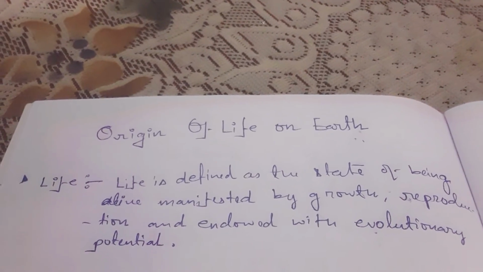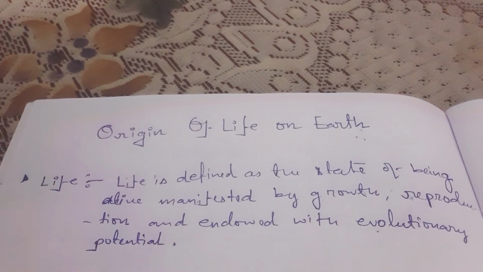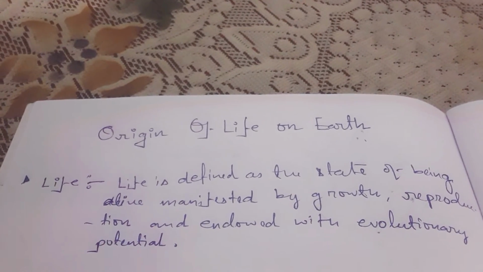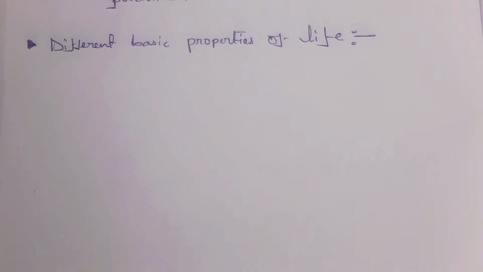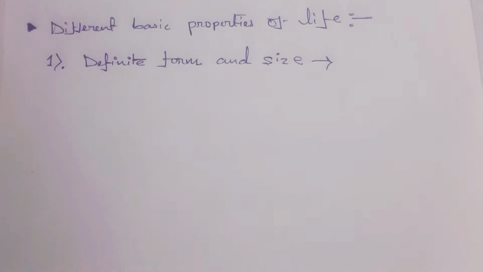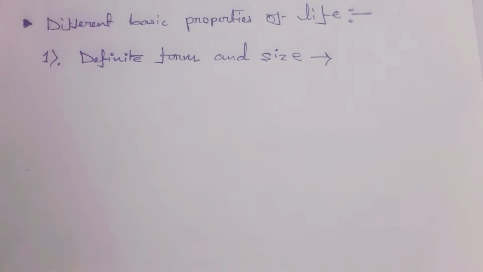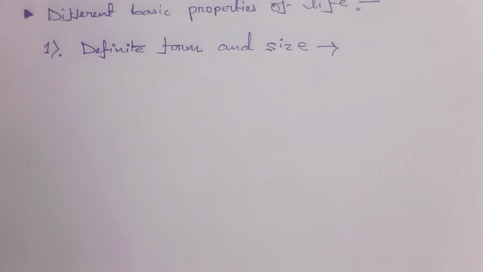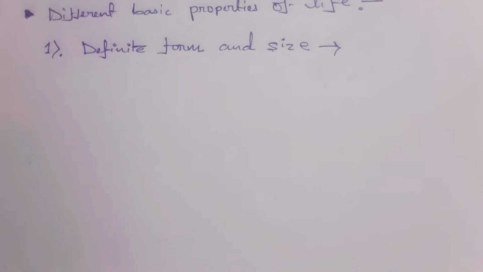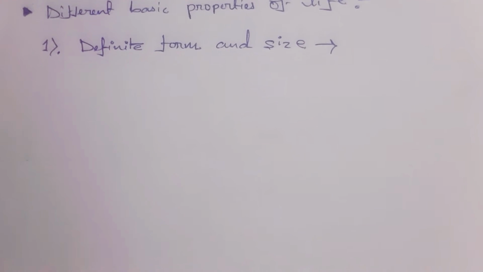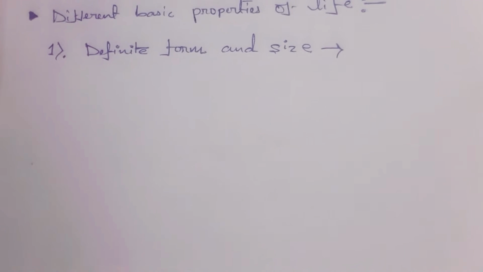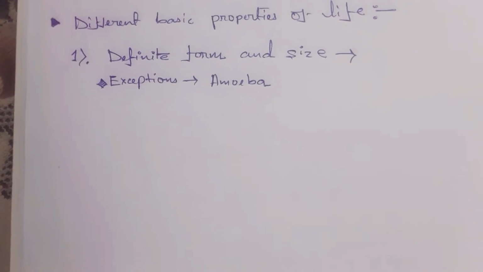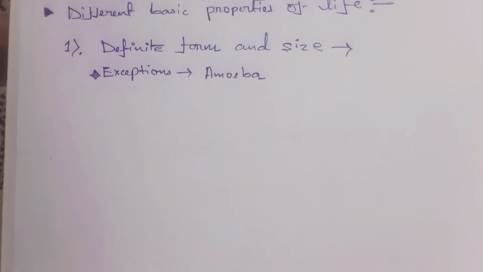Now we move on to the basic properties of life and their differences and how to discuss them. The first property of life is definite form and size. There are a few exceptions, like the amoeba.